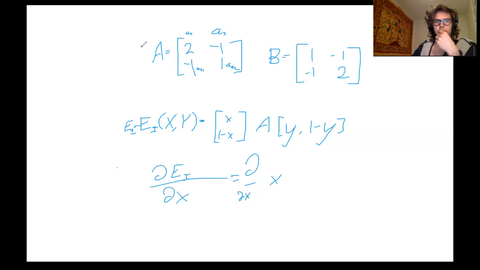Okay, and so if we were to have a matrix here, we do x times 2 minus 1 plus 1 minus, or actually not like that.